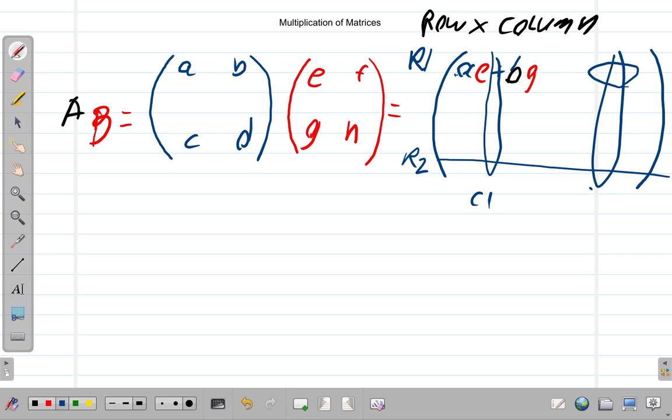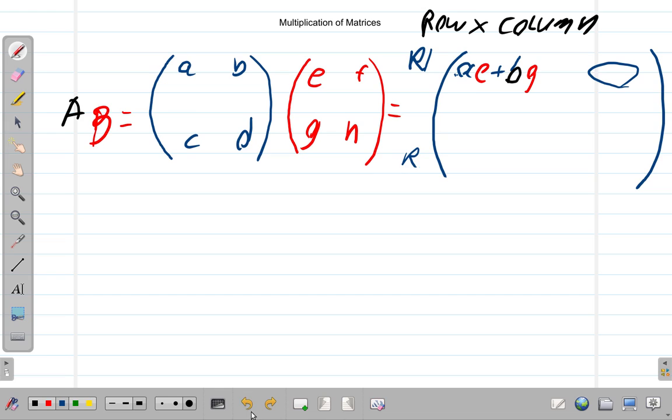And this is column 2. Remember that. Alright? So, here now, this element is in row 1 and column 2, which means you must multiply row 1 by column 2. This is row 1, this is column 2. Row 1 of the first element times column 2 of the next element.